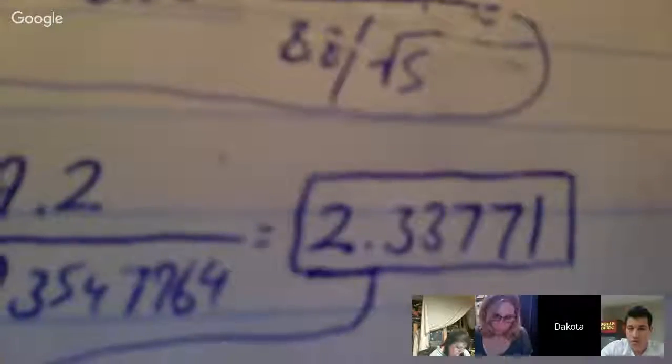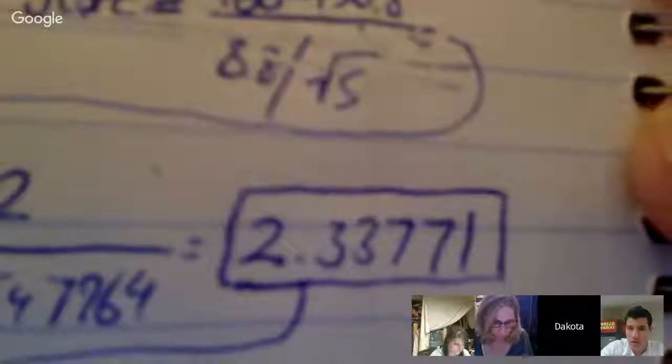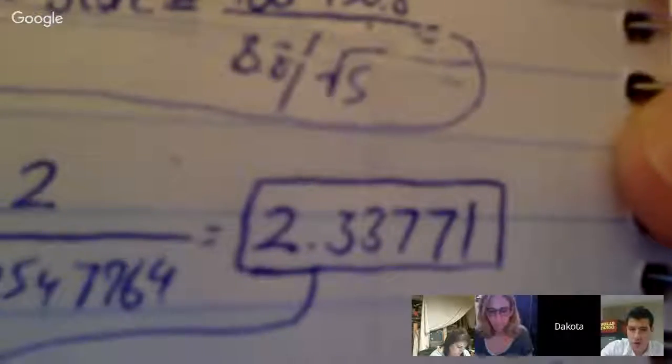And then that came out to 2.33771, which I rounded to 2.338. Yep, that's what I got when I put it in. I redid it, I mixed up my numbers on my stuff here. So 2.338, I got that as well when I plugged it in. Okay, awesome, so that's the answer.